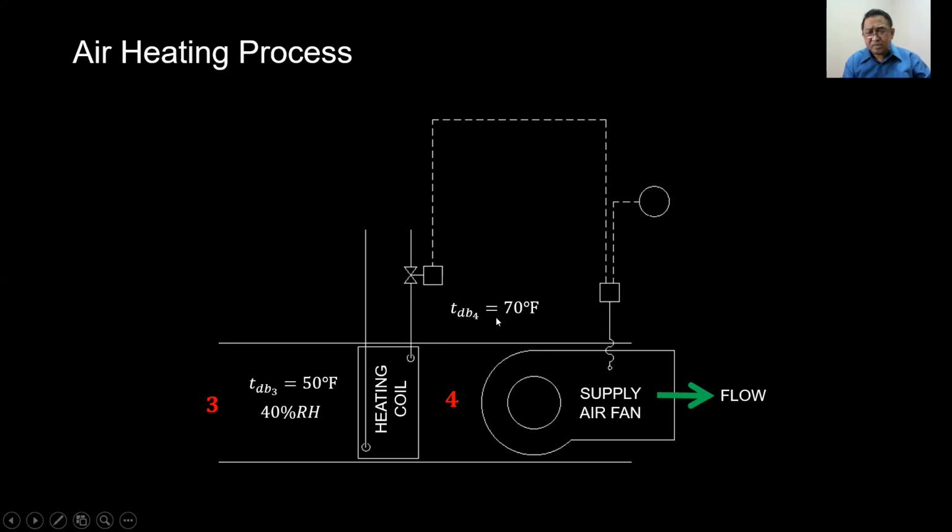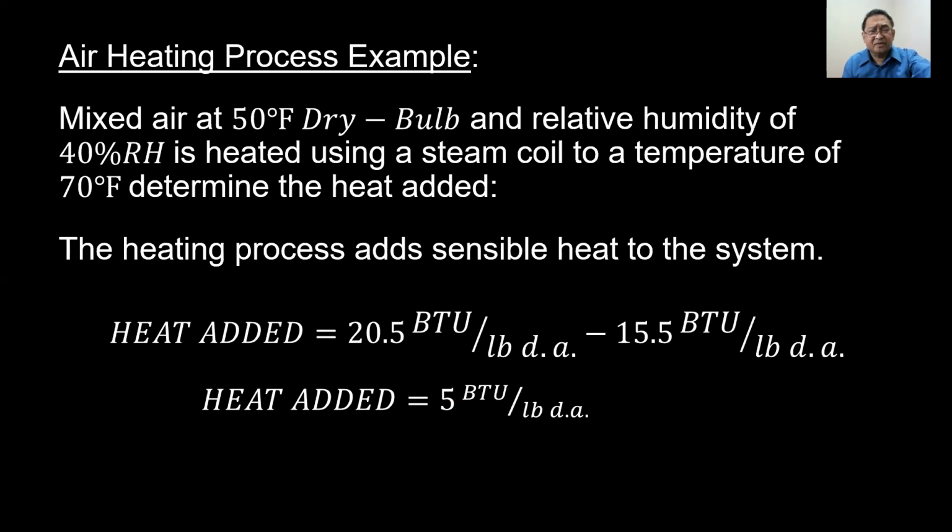We will graph this later after solving. Mixed air at 50 Fahrenheit dry bulb and relative humidity of 40% RH is heated using a steam coil to a temperature of 70 Fahrenheit.